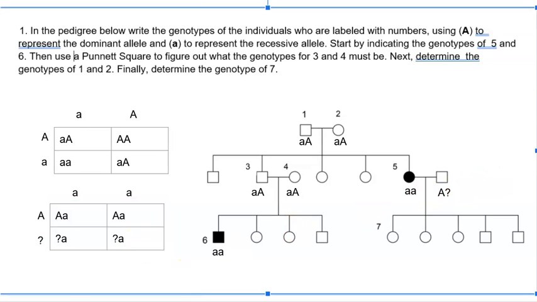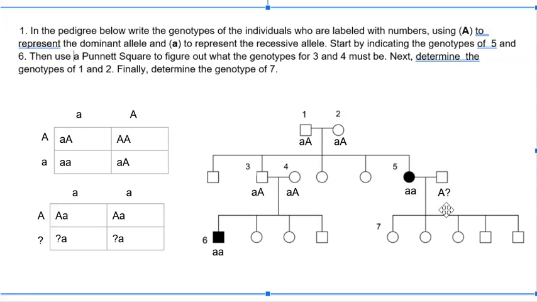But actually, we have more information about number 7. We know one more thing. We know that they got at least one lowercase a. How do we know they got one lowercase a? Well, that's all their mom had to give them. We also know that they have at least one uppercase A. How do we know they have an uppercase A?